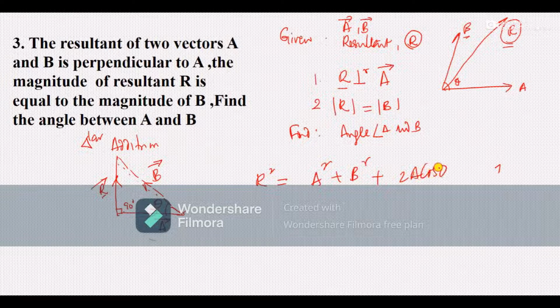So this is a closed triangle with the third side representing the resultant. From this triangle we can solve the problem. In this triangle, vectors A and B make some angle theta. Using the triangular law of vector addition, we will find the angle between these two vectors.